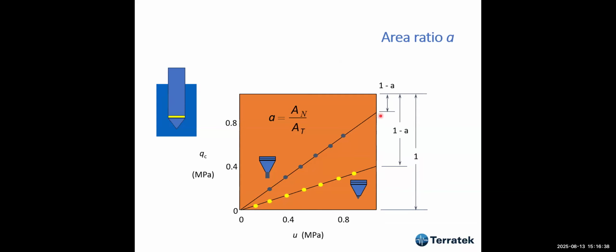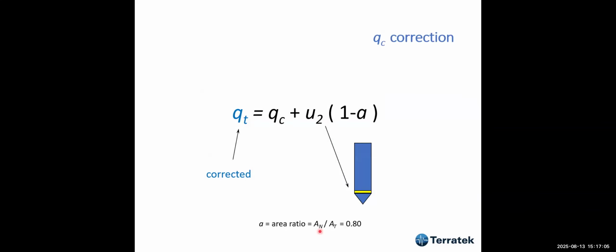And in most cones, what we have is that QC should be 45 degrees here. It's not. And Professor Campanella told me that Fugro observed these results in offshore work, but they didn't have a solution. Professor Campanella found the solution, and he came up with this equation to do the correction.